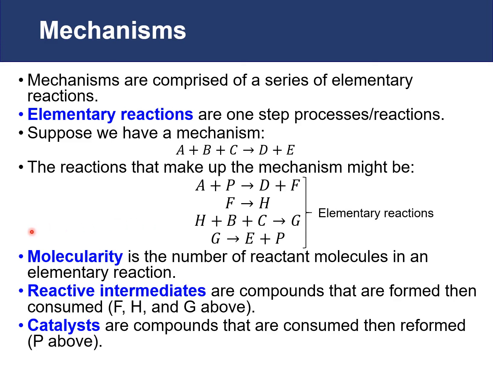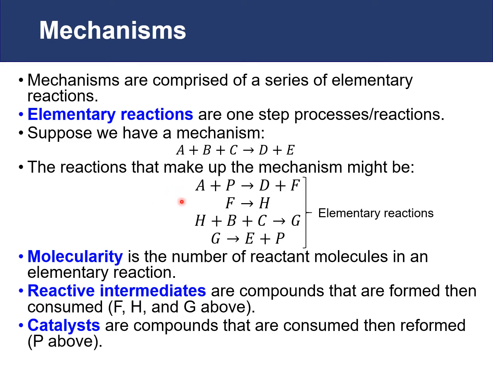Now we have a term, molecularity, which describes how many different components are on the reactant side. So molecularity is the number of reactant molecules in an elementary reaction. In the case of the first step, A plus P goes to D plus F, the molecularity would be 2. There are 2 reactants for this process.